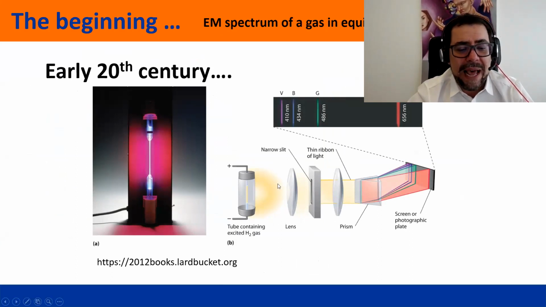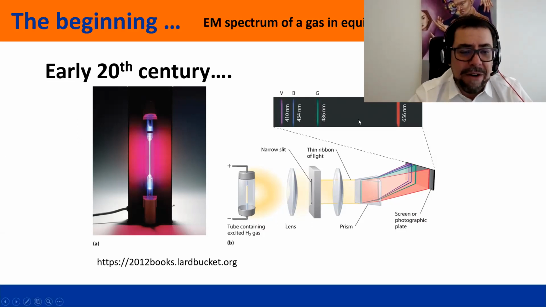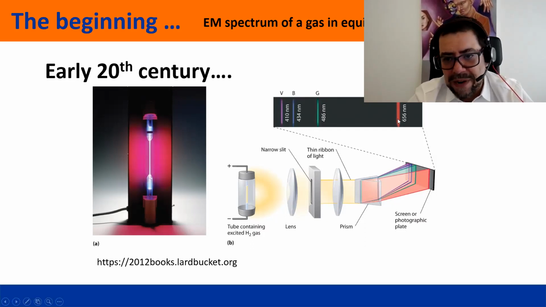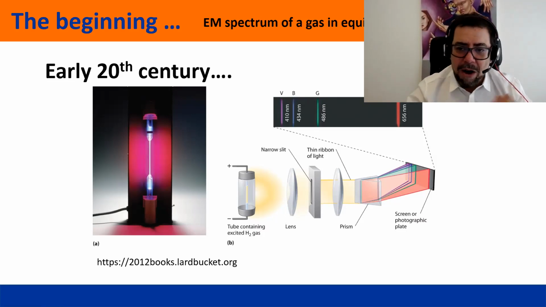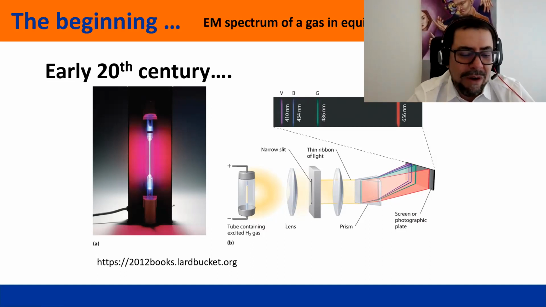You collect the light of this gas, this glow, and then you pass it through a prism, and you see the spectrum. The interesting thing is that different gases have very sharp lines at different wavelengths, and you had different series of emission spectra of these materials.